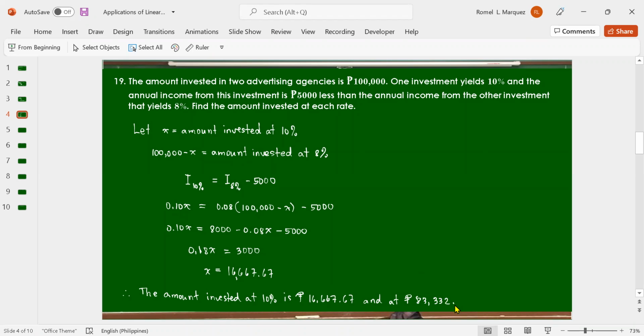Am I correct, guys? 0.33 at 8%. Am I correct, guys?